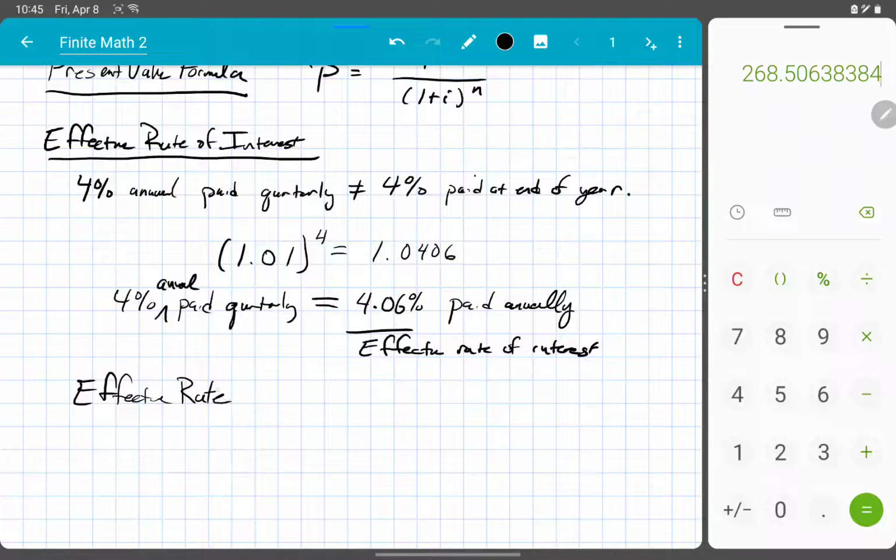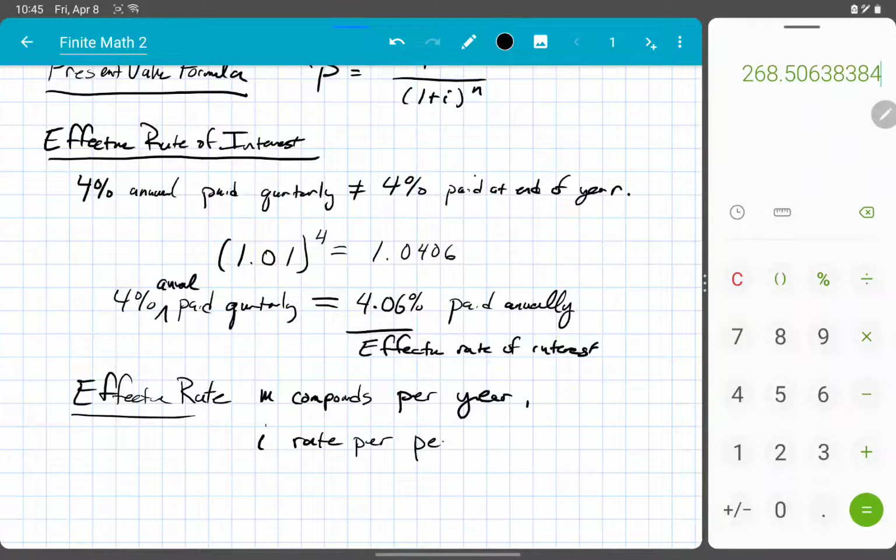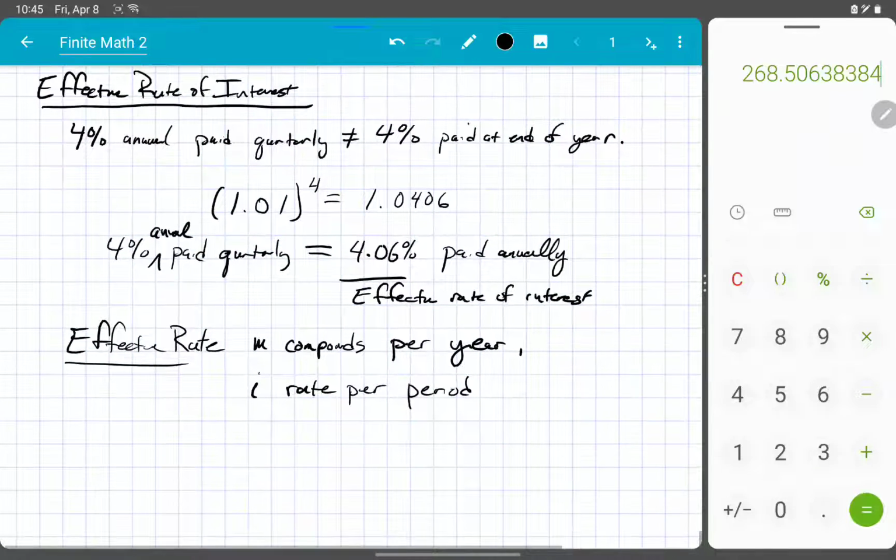I'm going to reveal that shortly. If we have m compounds per year, and i is the rate per period, then the effective interest rate, which is called r_eff, is (1 + i)^m - 1.